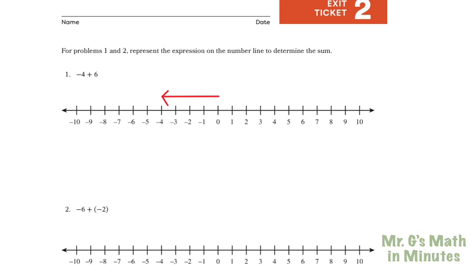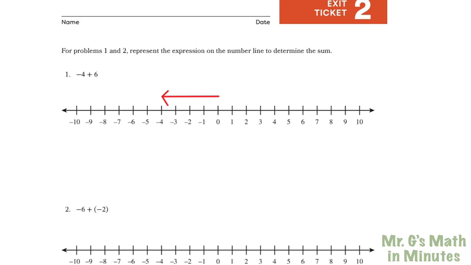We then have to draw our line 6 tick marks. Another common mistake is that people start at negative 4, but then go right to the positive 6. Well, that line going to the right isn't 6 long. That's 1, 2, 3, 4, 5, 6, 7, 8, 9, 10 long. It's not what we're looking for here.